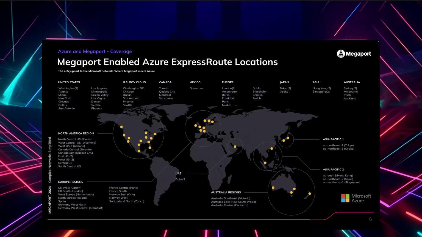And VXCs could be connected to any of the 850 locations where Megaport has data center presence, or it can access a whole raft of different services to connect to other cloud providers. So this gives a massive global footprint to Azure user applications and its customers.